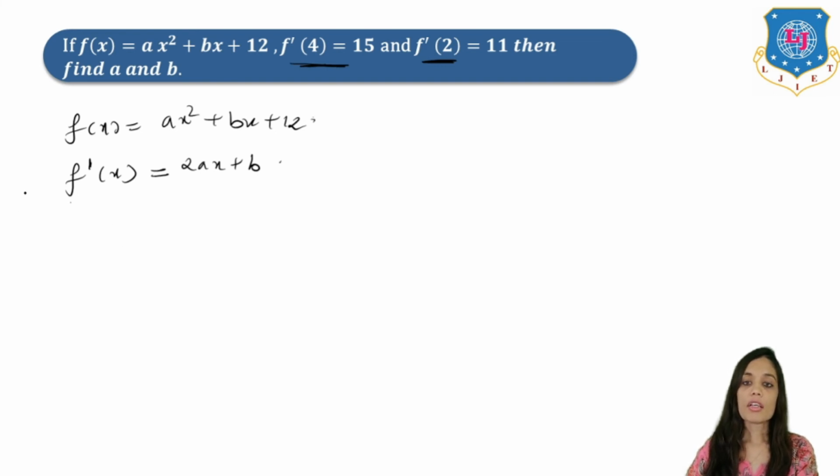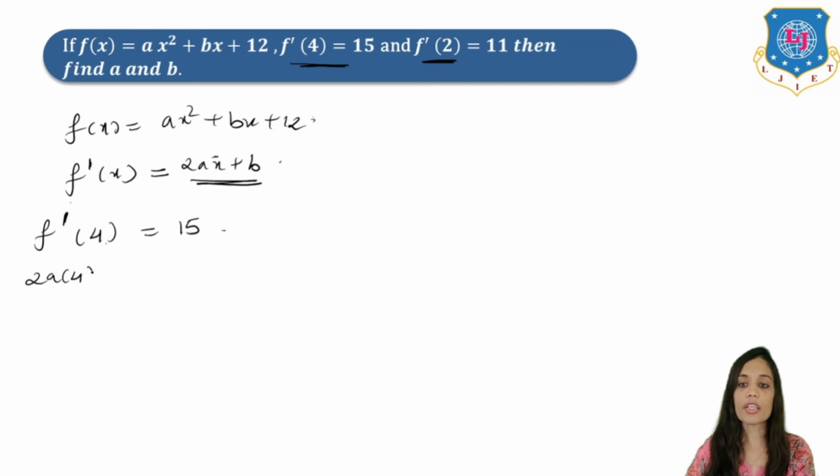Fine. Now we have to put one time 4 and other time 2 in place of x. So firstly, let us use this criteria, that is f dash of 4 is equal to 15. Just put 4 in this in place of x. So you will get, if I put 4 over here, it will be 2a into 4 plus b is equal to 15.